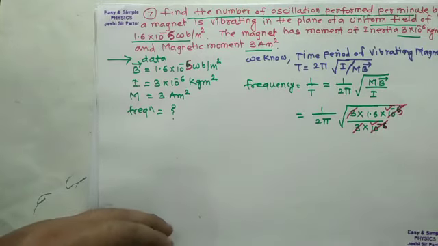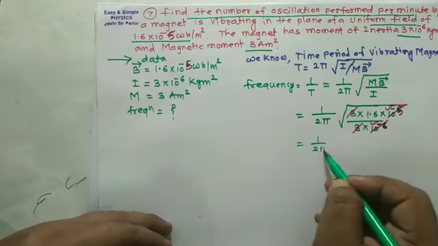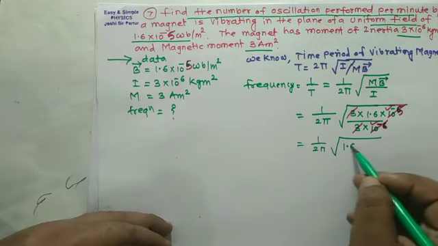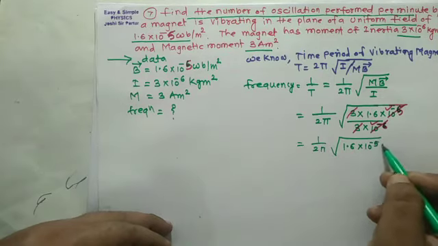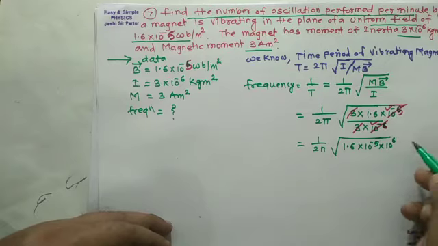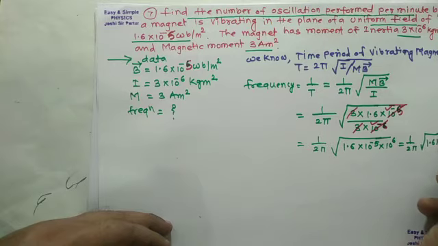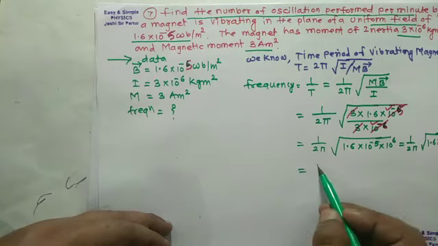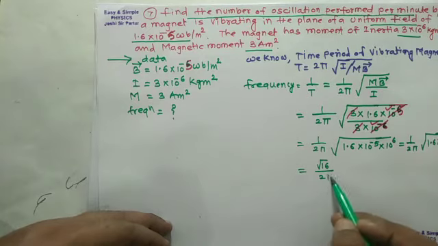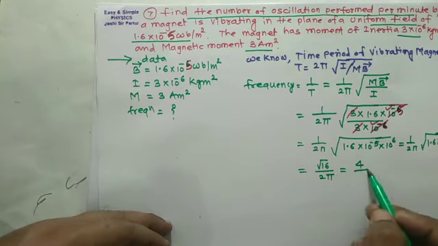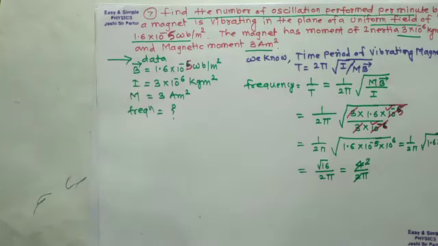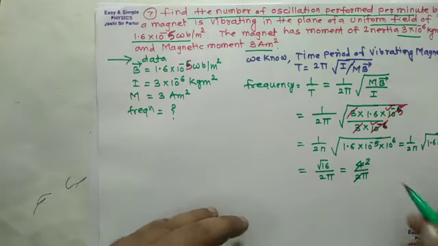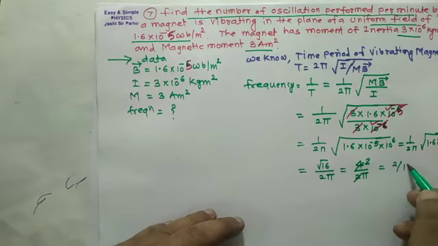So we can write 1 upon 2 pi square root of 1.6 into 10 to the power minus 5 into 10 to the power 6, which is equal to 1 upon 2 pi square root of 16, divided by 2 pi means 4 upon 2 pi. 2 1 the 2 and 2 2 the 4, so it will be 2 upon pi.